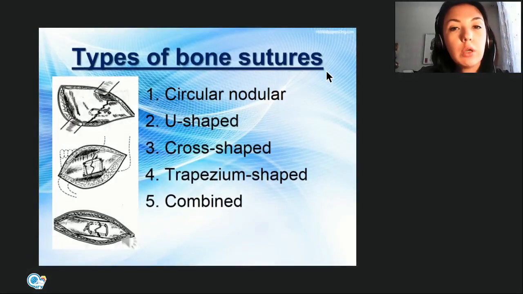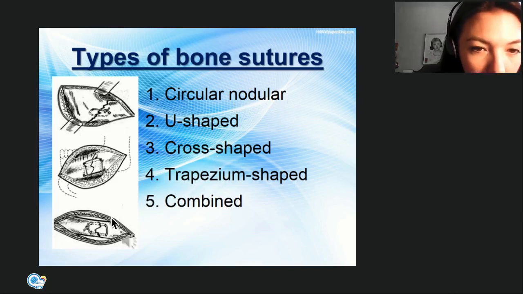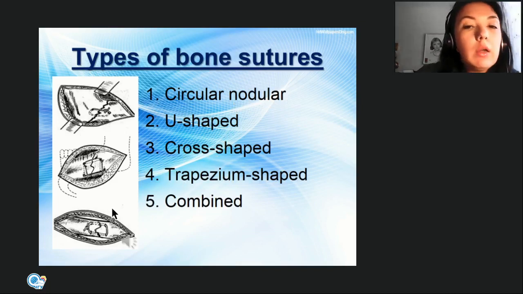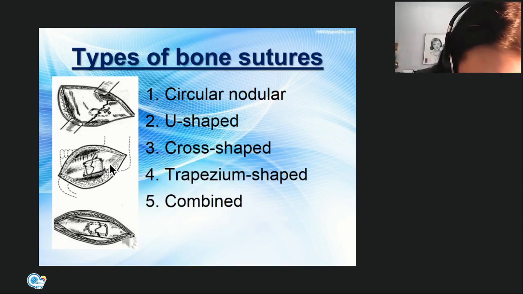Which sutures are applied in the bone? So circular nodular suture, not just a simple interrupted suture, yes. Then U-shaped suture. Here you can see it in this diagram, U-shaped suture. Then cross-shaped suture, trapezium-shaped, and combined suture is also used, like in this diagram.